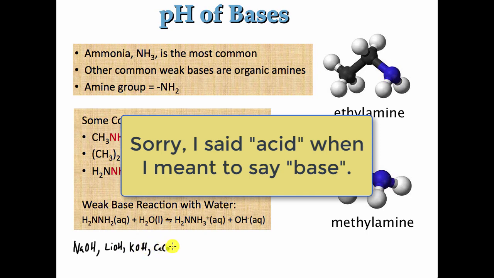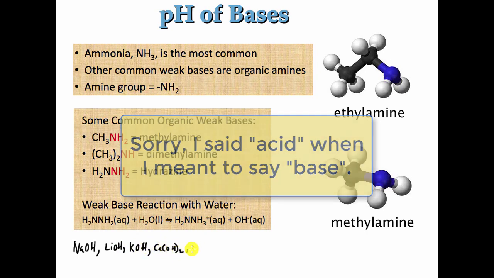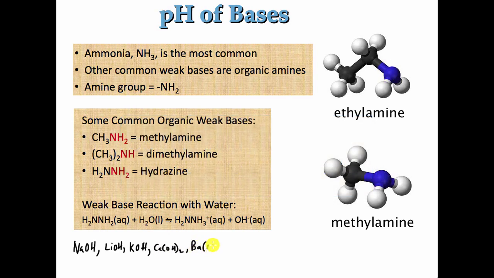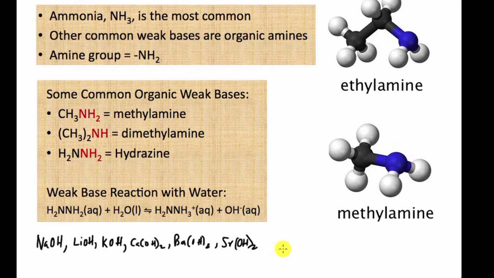Calcium hydroxide, barium hydroxide, and strontium hydroxide. So anytime you have any of these bases, all you're going to do is take whatever the concentration is of the strong base, and that will be the concentration of your hydroxide.